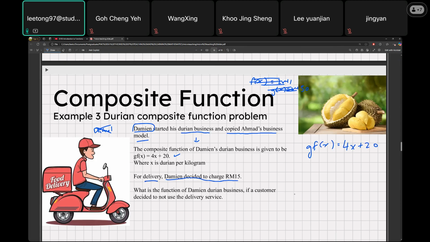So what is the function of the durian business if a customer decided not to use the delivery service?